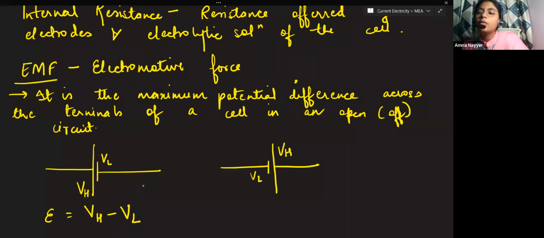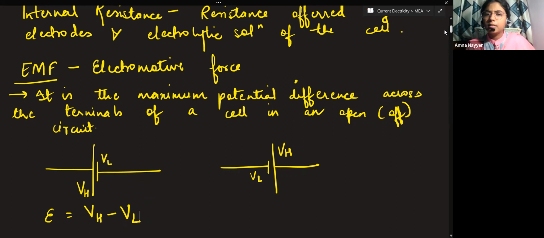Then the EMF of the cell becomes 8 volts. So this is not exactly the same as voltage. As you can see, the voltages are different, and the difference you are getting is the EMF. Their difference you call the potential difference, and the one having the maximum value in an open circuit, you call EMF.